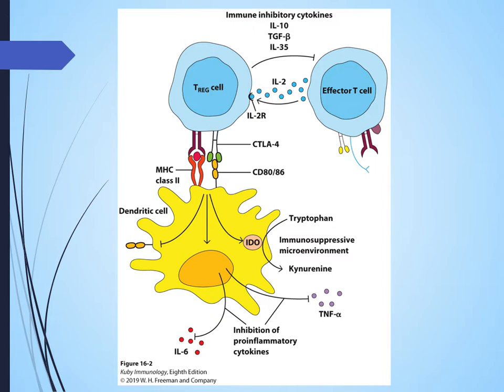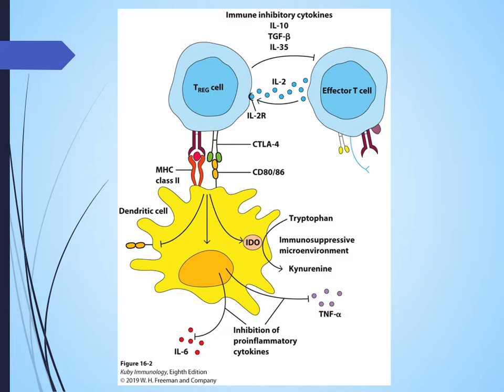Here in this figure, you can see we have this effector T cell. It's producing IL-2. The T regulatory cell can see that through its receptor, and that's going to allow it to produce inhibitory cytokines, telling that effector cell, no, don't respond, quiet down, you're producing too much IL-2, you're overreacting to the situation.